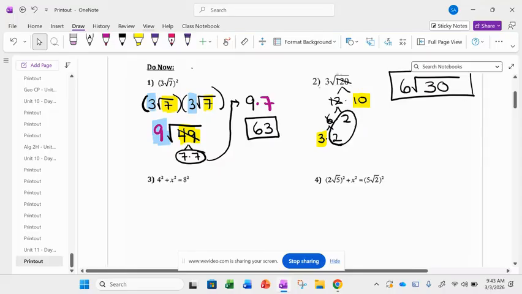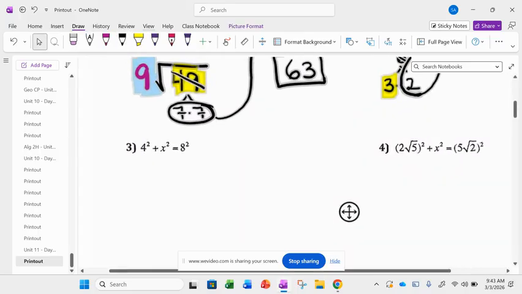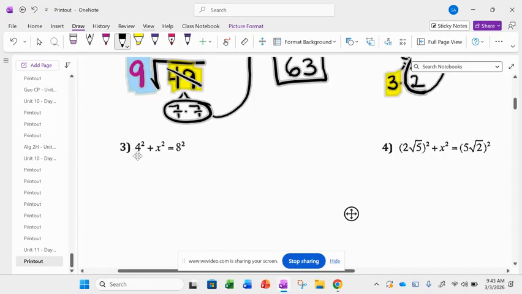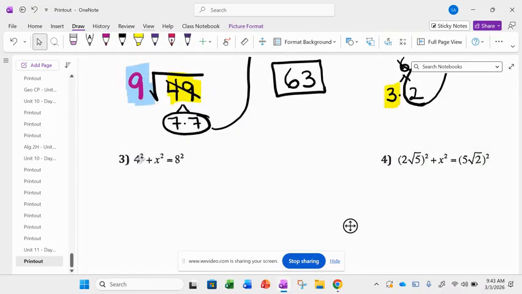Now for number 3, we're solving. And remember, when we're solving, we have to account for plus minus. So first we have to do all the squared. So 4 squared, I hope you remember, is 16. Plus x squared equals 8 squared, which is 64.